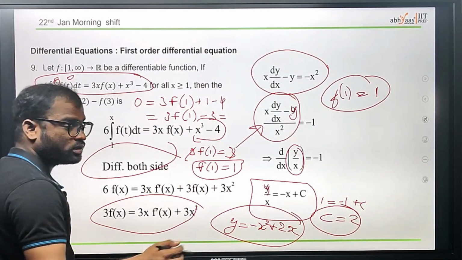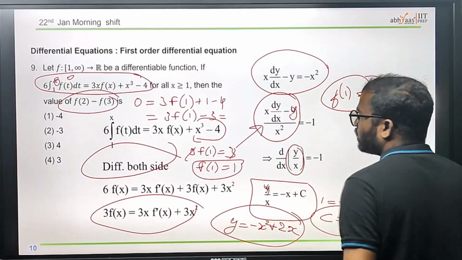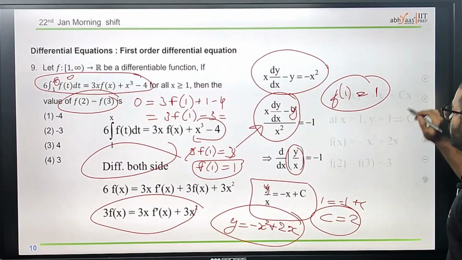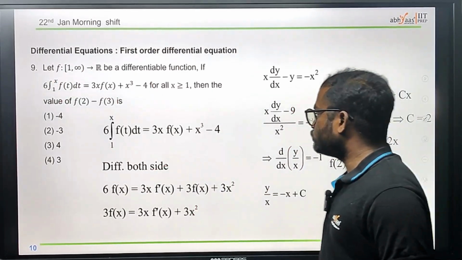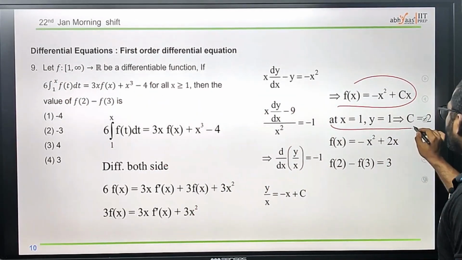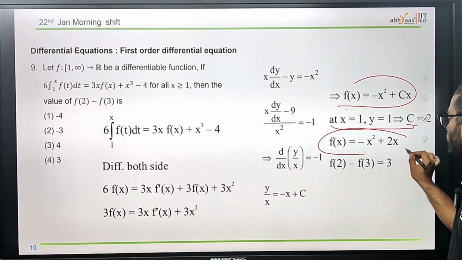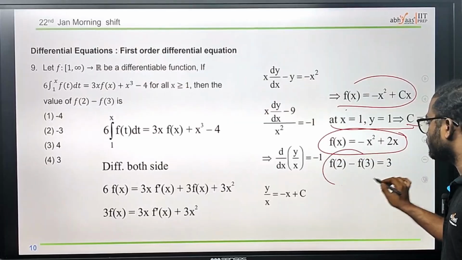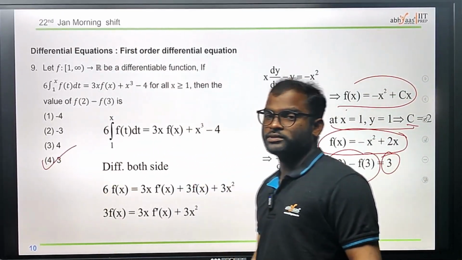Now we can use the conditions, whatever f of 2 minus f of 3, and substitute those values in this in order to find the answer. With x equal to 1, y equal to 1, we got c as 2. Now we got the solution of that one, just substitute those values, and we get 3 as the answer. Therefore option 4 is correct.